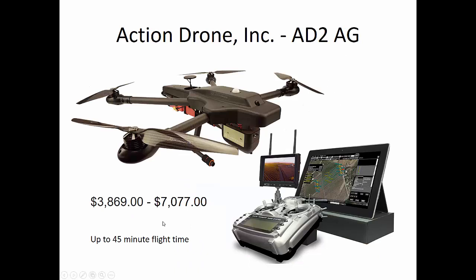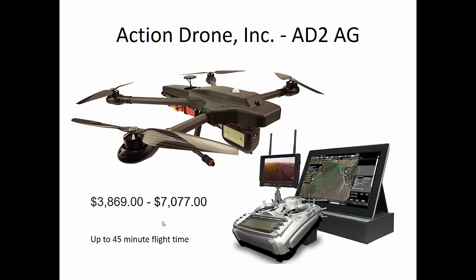Then we'll get into some quadcopters, several different ones. I'm going to show you, DJI has sort of cornered the market, but there are a few others out there. This happens to be one, and I found it offers a sensor platform that's ag specific from Slantrange, but you can see some different pricing.